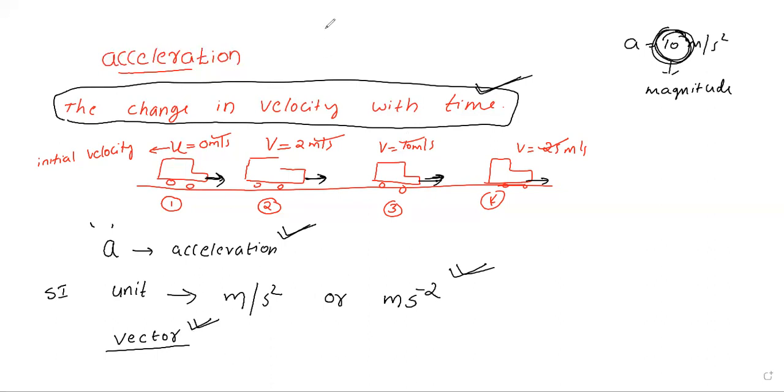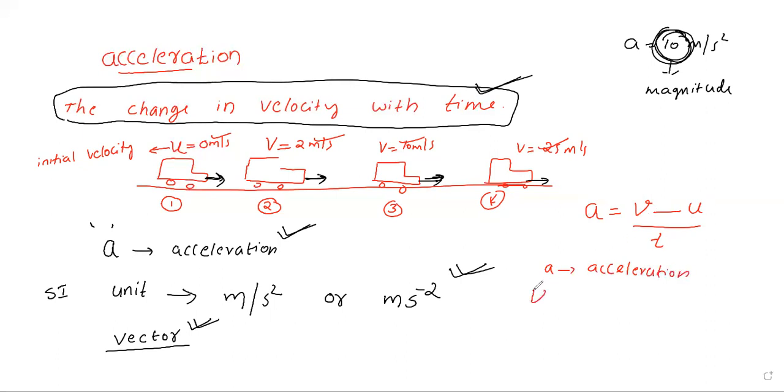Now we can learn about the equation for acceleration. So what is the equation? You know that equation. Acceleration a equal to v minus u divided by t. What is a? A is the acceleration.